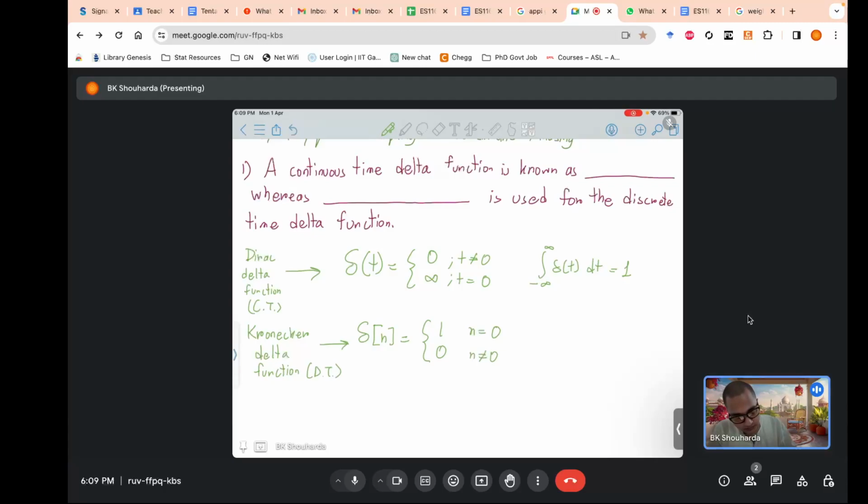Now the solution is continuous time delta function is known as Dirac delta function, whereas Kronecker delta function is used for the discrete time delta function. All right.